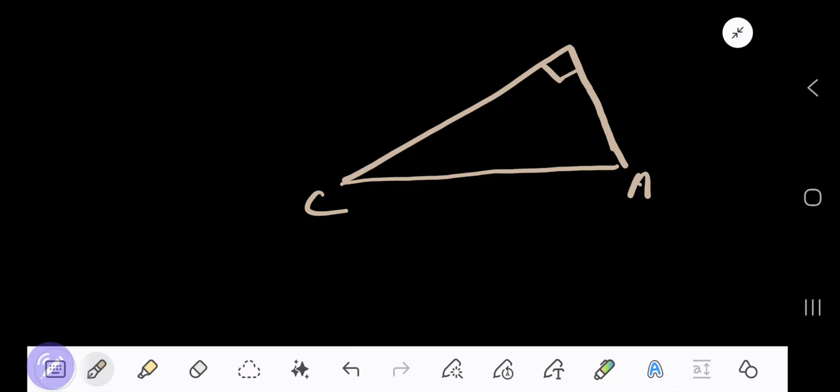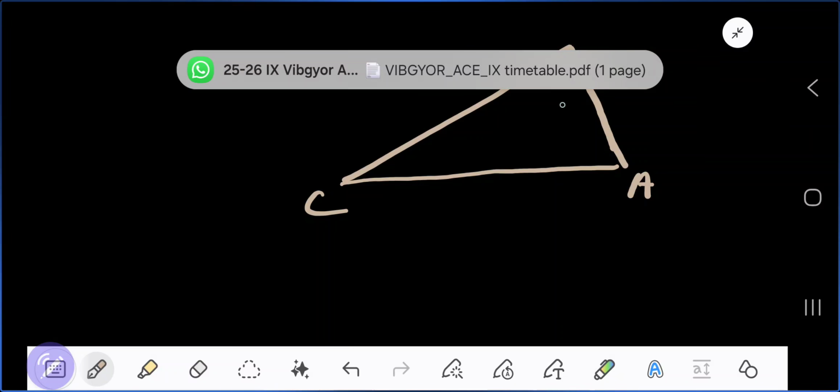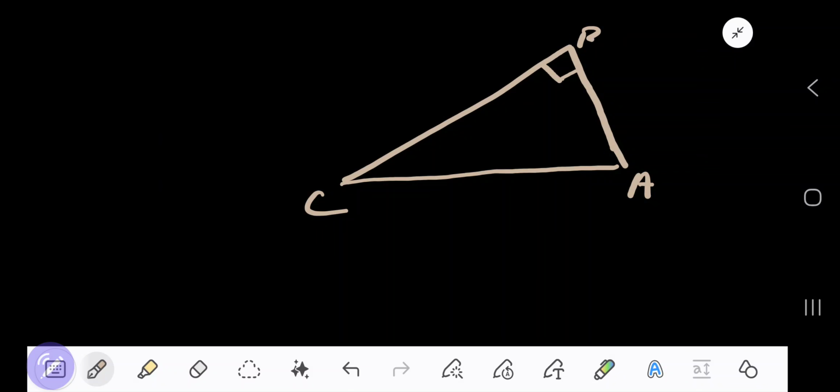This is CA and B. The length of this is 5, and the length of this is 13. So if you use Pythagoras theorem, you'll get this as 12, right? Because anyways they're Pythagorean triplet.